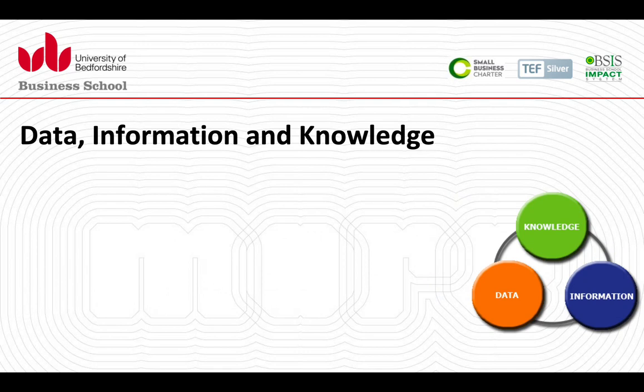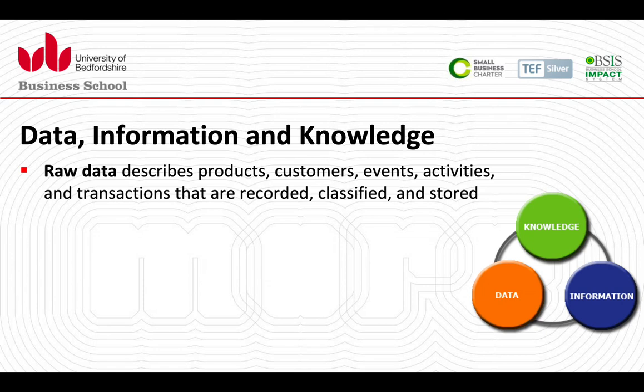So data, information and knowledge is a continuous transformation, how data changes itself into information, and then how information becomes more useful when we apply it and it becomes action, and that is very, very important as a part of knowledge.